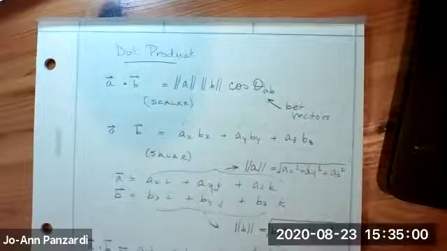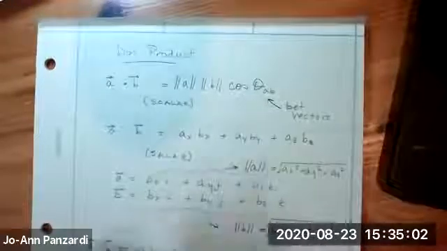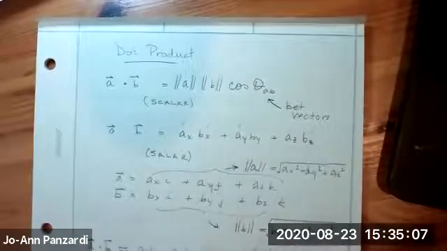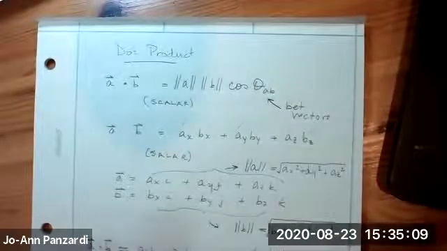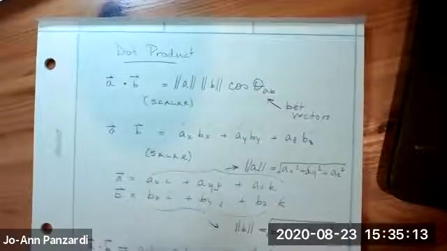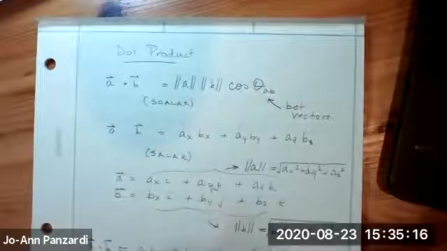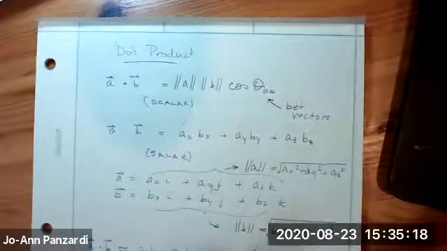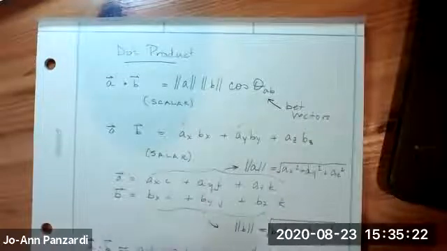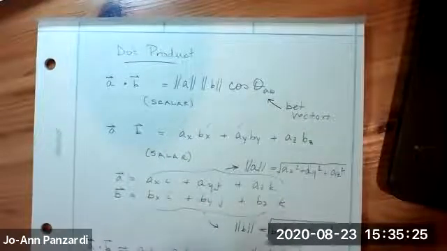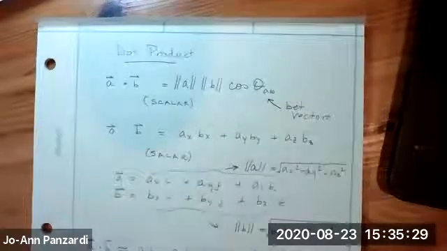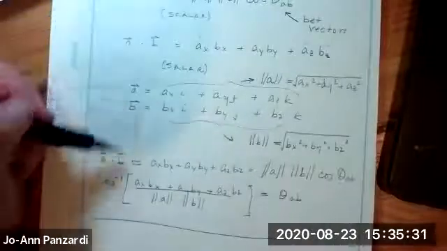The angle AB is going to be equal to the inverse cosine of AX BX plus AY BY plus AZ BZ over the magnitude of A times the magnitude of B. Right? Everybody's good with that? Okay. So we already know this math part.